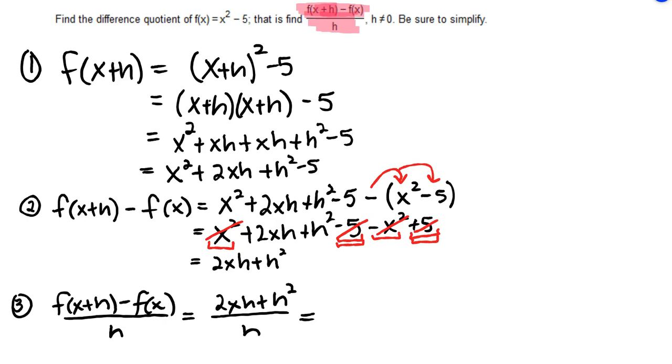So we'll be able to simplify 2xh over h plus h squared over h. The h's cancel, and one h cancels here. So I'm left with 2x plus h. So the difference quotient for the function f of x equals x squared minus 5 is 2x plus h.